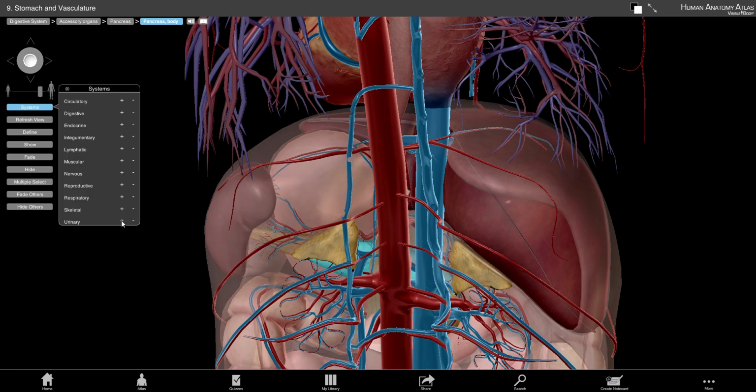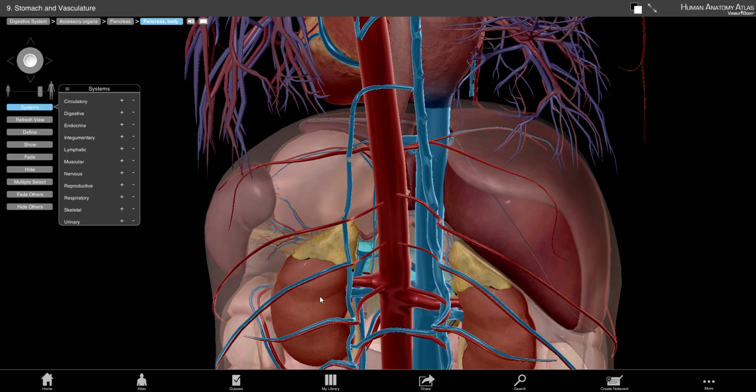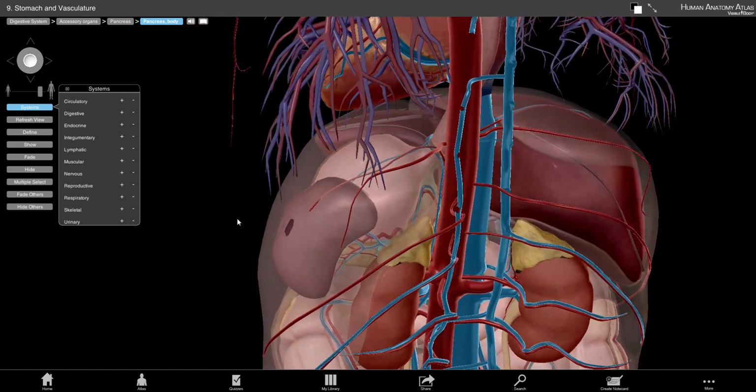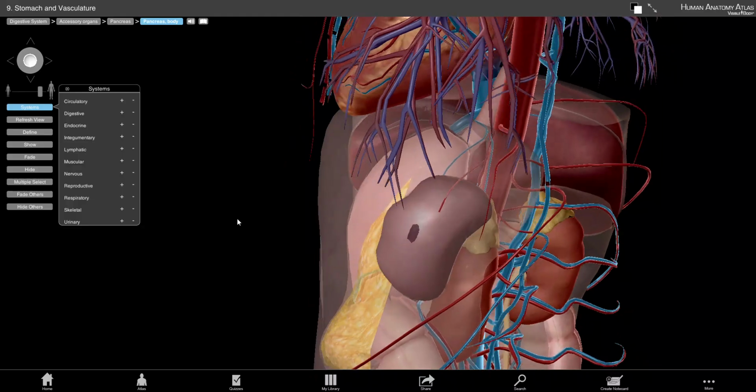Let's add the urinary system. So this is the left kidney and this is the left suprarenal gland. The pancreas, the spleen, the kidney and the suprarenal gland form the stomach bed, which is found in the posterior aspect of the stomach.